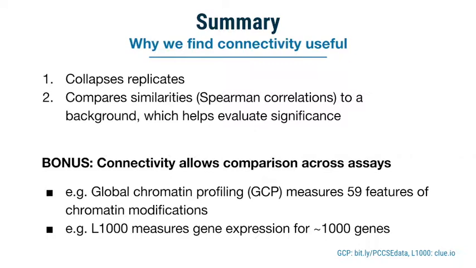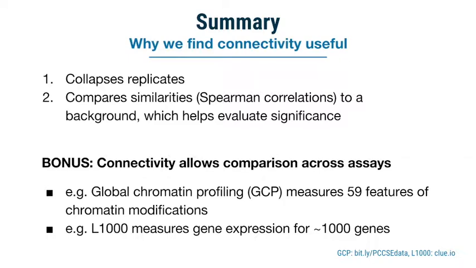But there's a bonus, which is that once you're in the space of connectivities, you can compare to other assays. So Jake's already mentioned earlier this GCP assay, which measures 59 changes to global chromatin. And we produced data for GCP on exactly the same samples as the P100, but we couldn't directly compare them because they measure totally different things.